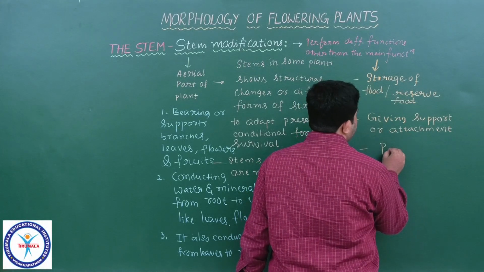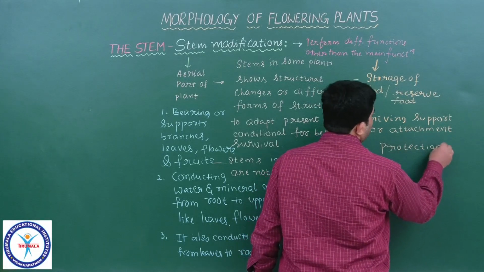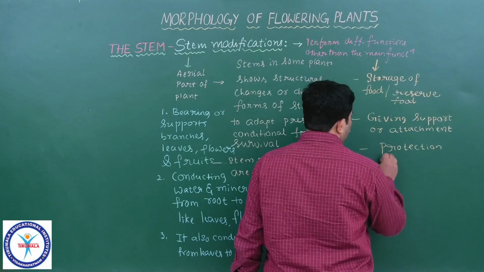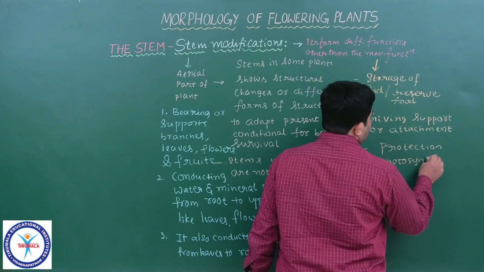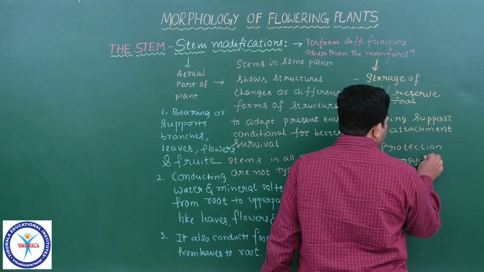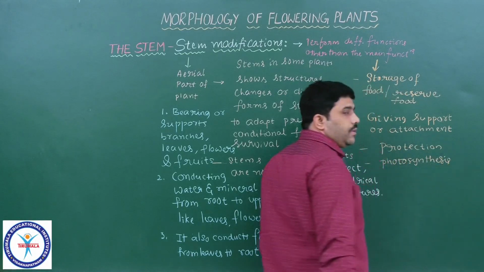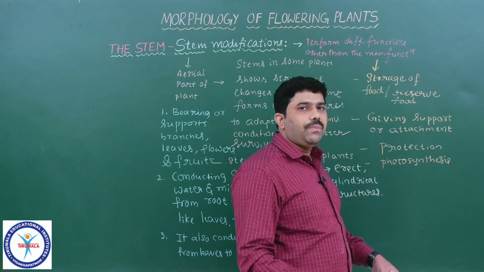And these stem modifications are also very useful for protection, and for the purpose of photosynthesis. Actually photosynthesis is a photochemical activity done by the leaf, but in some plants leaves are not developed directly into a leaf.